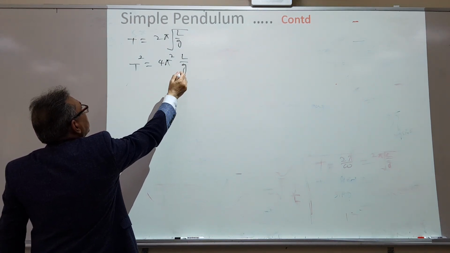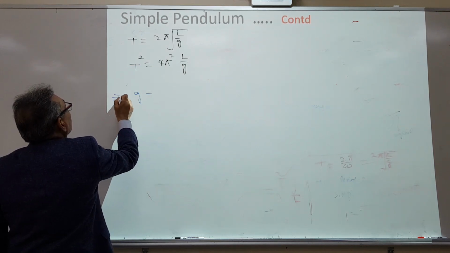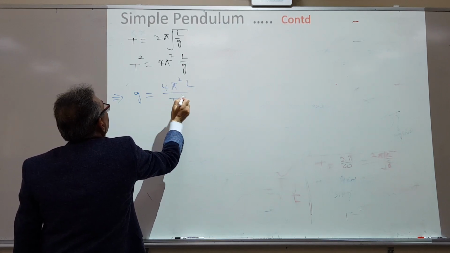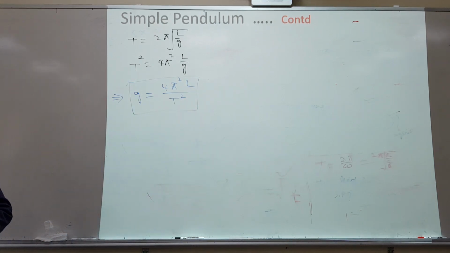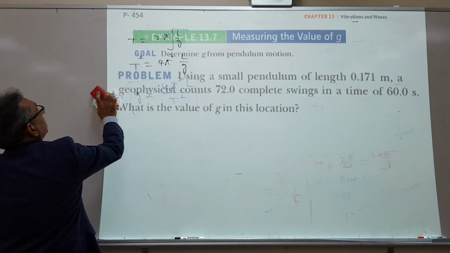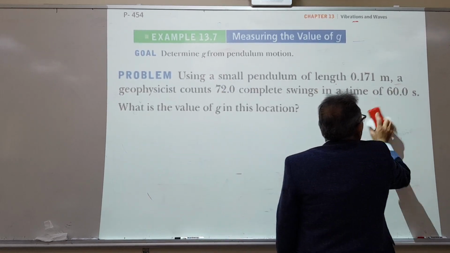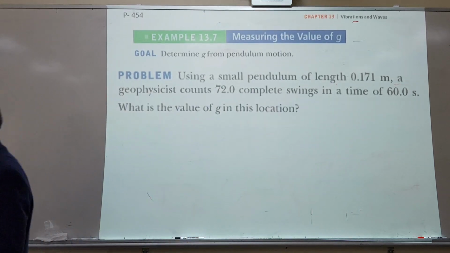I need g, so I take g to the left and T square in the denominator. So g will be equal to 4 pi square L over T square. This is the rule for finding g at any location. We would use this rule in solving the last example of this chapter. After that, you will find on my YouTube or video series your tutorial. Don't worry.